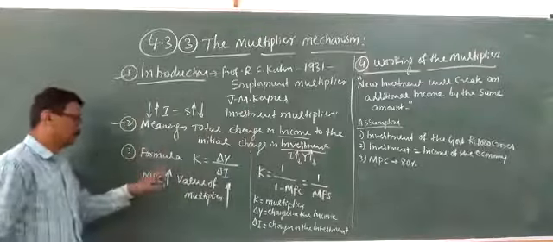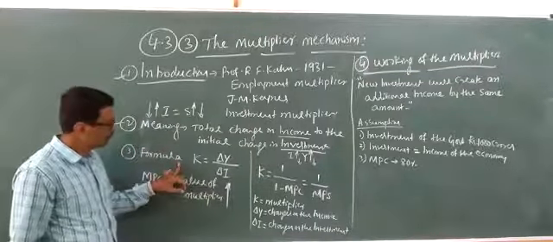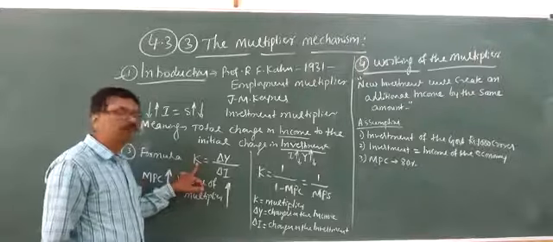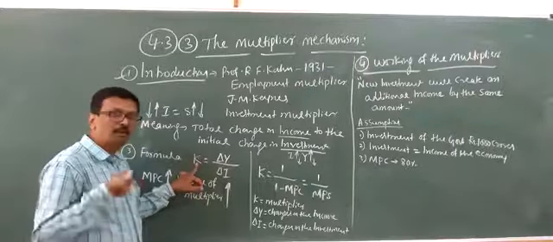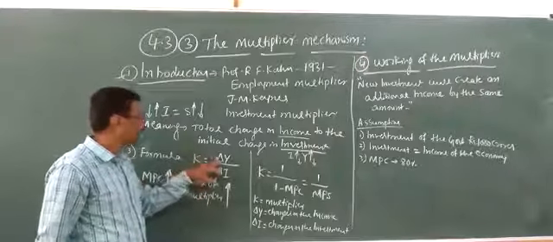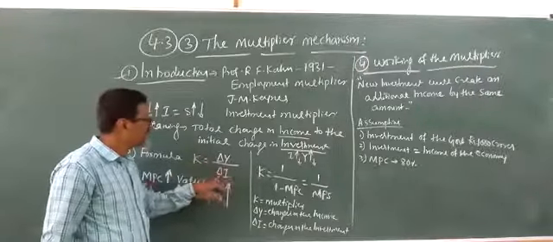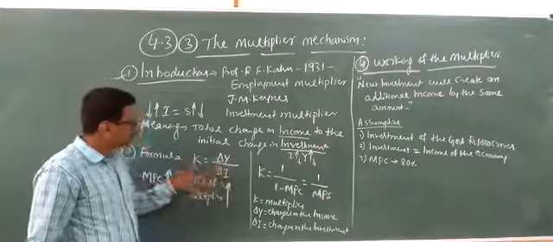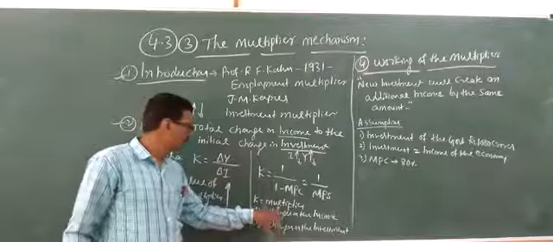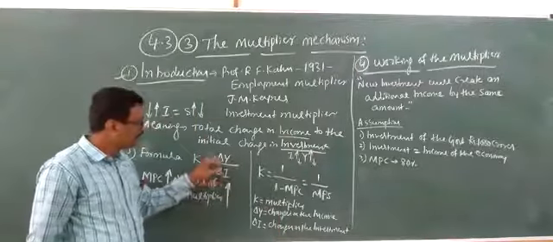Once again, this is the formula of the multiplier. If you want to calculate the multiplier value, apply the formula K = delta Y divided by delta I.